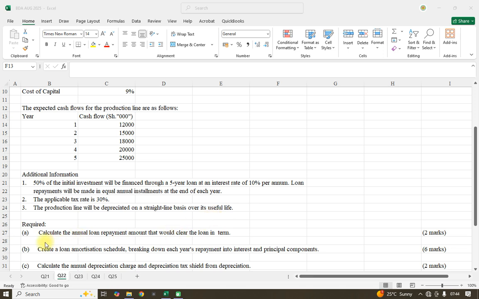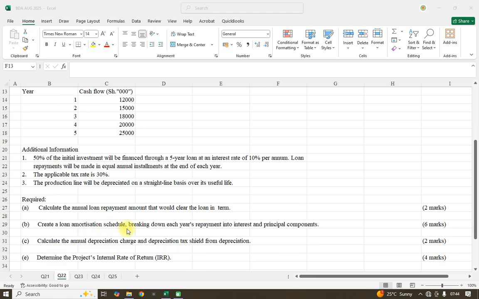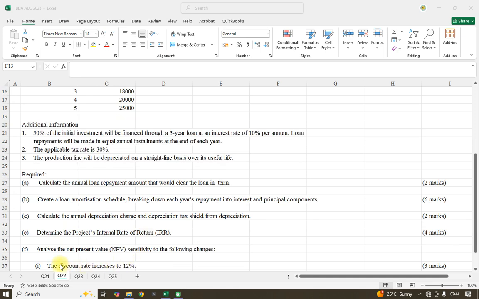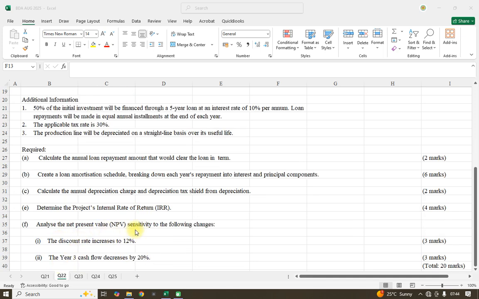So you are required to calculate the annual loan repayment amount that will clear the loan in term, then create a loan amortization schedule breaking down each year's repayment into interest and principal amount, then calculate annual depreciation charge and depreciation tax shield from the depreciation, then determine the project internal rate of return, then analyze net present value sensitivity to the following changes.